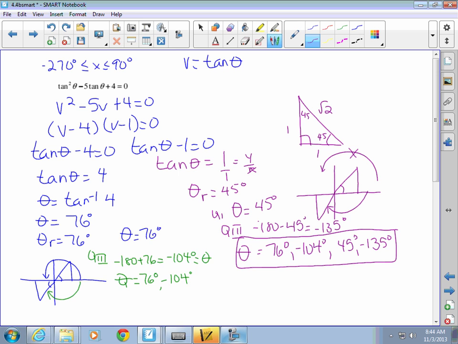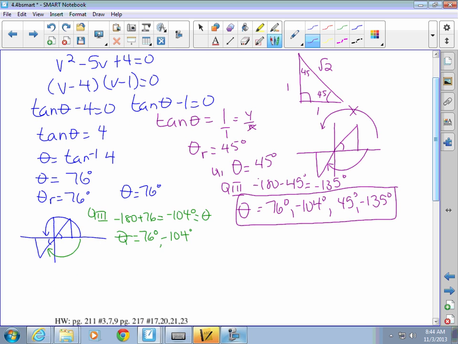For my general solution, if you remember from last day, tangent always makes a straight line when you do all possible solutions. So I don't have to do a 360, because to go from here to my next one is a 180 degree turn. It works in 180 turns instead of 360 turns.